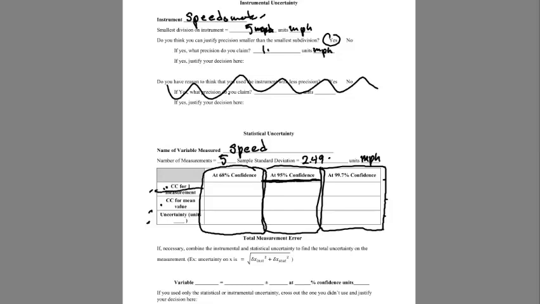So you won't actually need this top row either. So let's just eliminate all the things we don't need. So really this big box of 9 individual places has now been shrunk down to only 2 things that we really need to calculate. We need to find the confidence coefficient, or CC, for the mean value, and then we need to use that and our standard deviation to find the uncertainty.